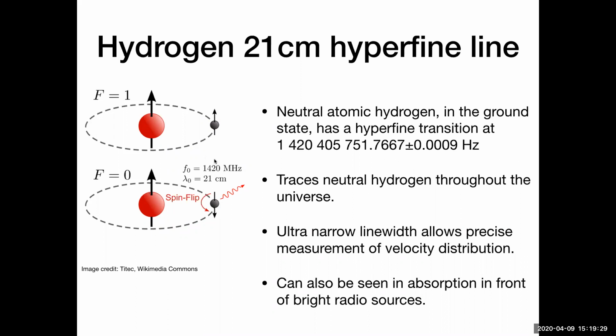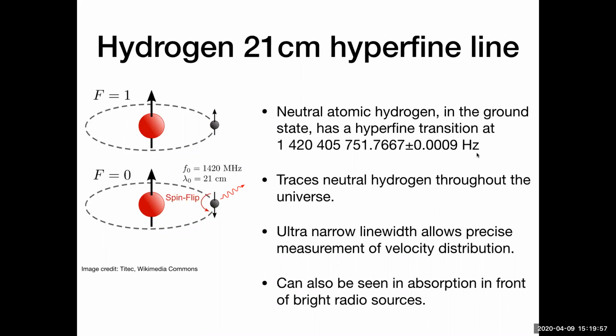And as I mentioned a couple slides ago, the natural line width is incredibly small. So all of the broadening is entirely physical Doppler broadening. And so this, of course, tends to get used a lot for mapping out gas distribution in galaxies, clusters, etc. It can also be seen in absorption.